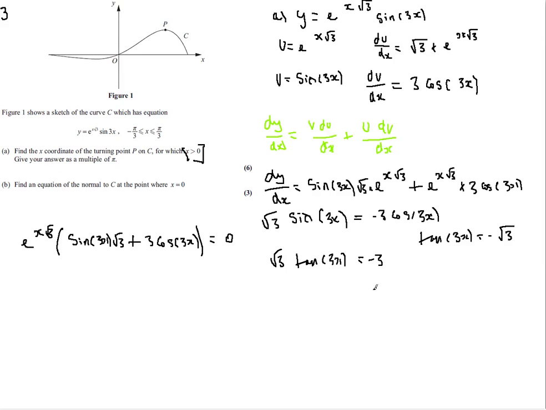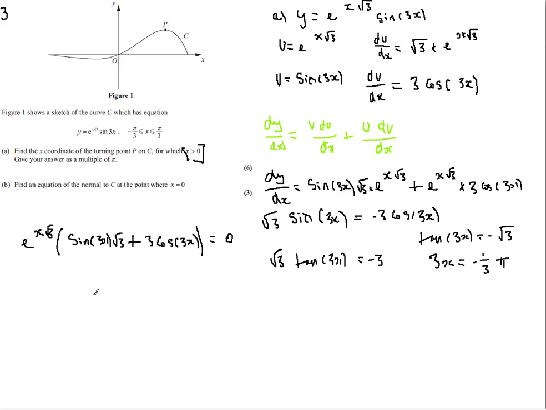If we inverse tan that answer, making sure that the calculator is in radian mode, we get that 3x equals minus 1/3 pi. But as I said before, x has to be greater than 0, and if we look at the graph, for P the x has a positive value.